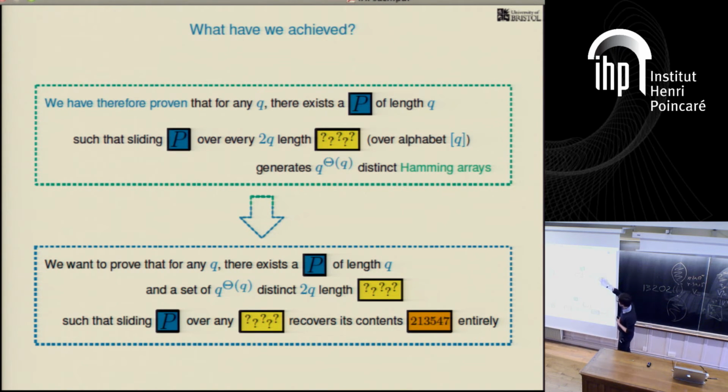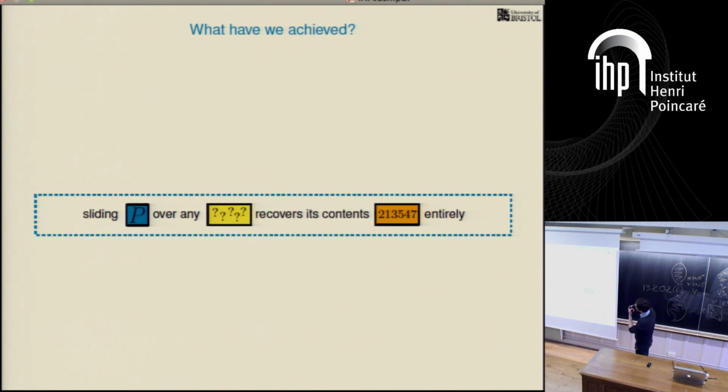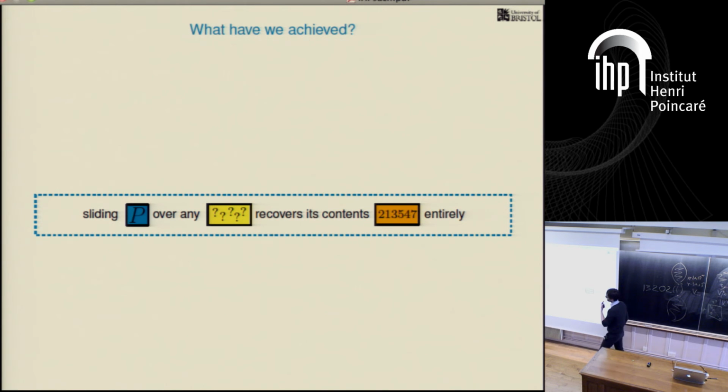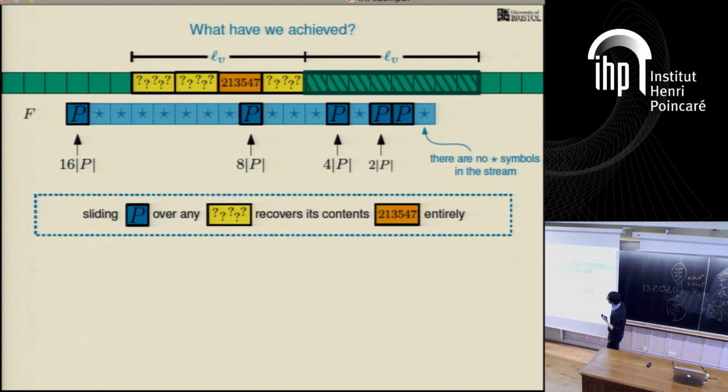I can do this by looking at each Hamming array and taking a unique one of these for each Hamming array. That immediately gives you this. So now we have this. If you just take this and delete some stuff to make it shorter, what we actually wanted was that we slide this P over any one of these things and it recovers its contents entirely.